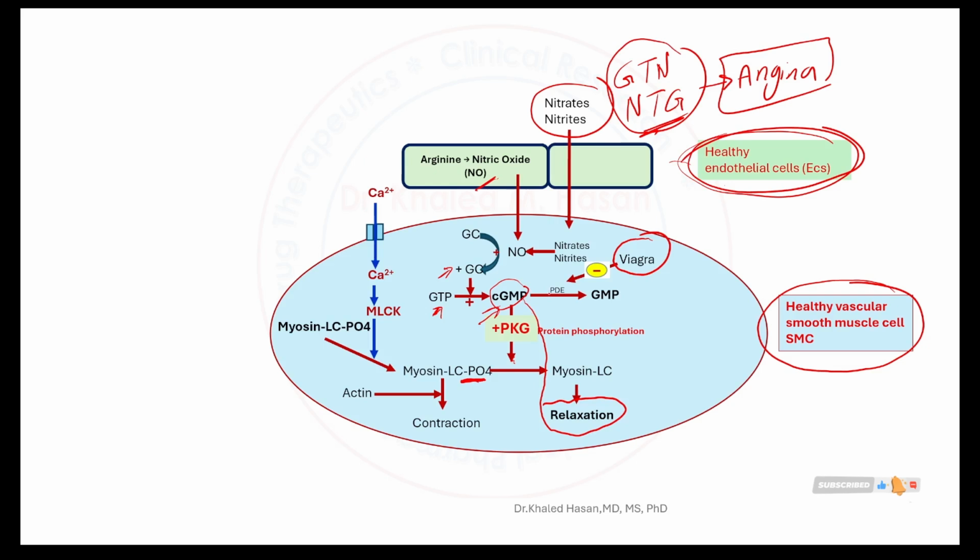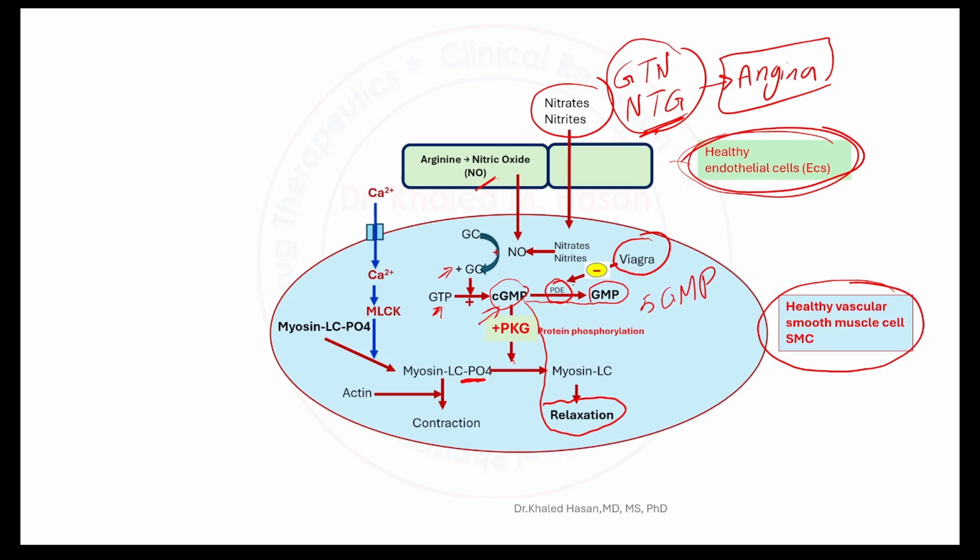However, they found that cyclic guanosine monophosphate will be metabolized to 5-GMP under the effect of an enzyme called phosphodiesterase. You can see it here, PDE. PDE stands for phosphodiesterase. In order to avoid this metabolism pathway, we have Viagra or sildenafil.